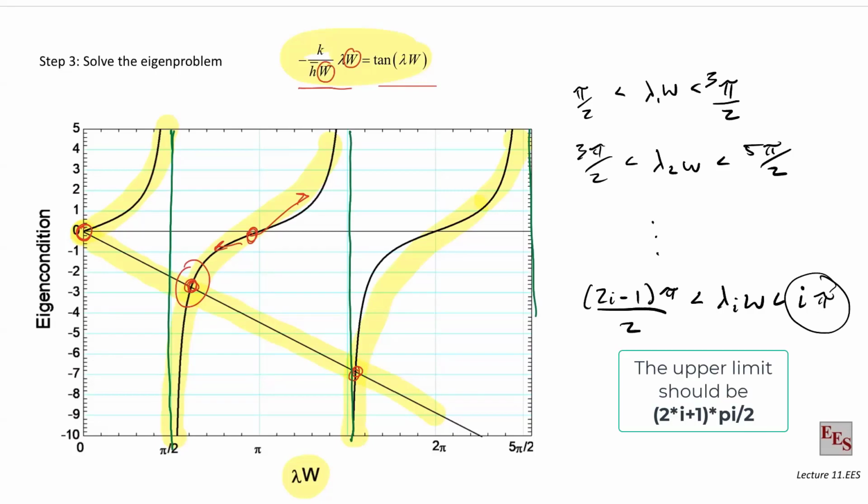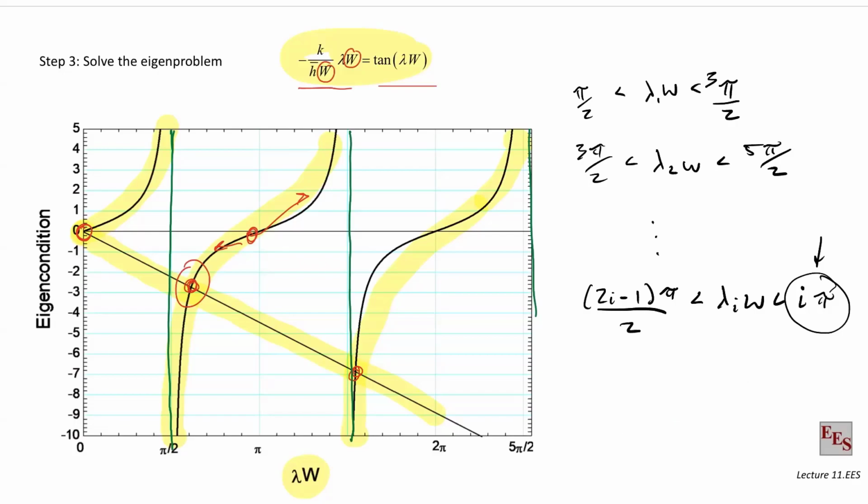It should be 2i plus 1 times pi over 2. I'm not going to fix it now, but I think this limit might be wrong, and we'll come back to that. But anyways, the idea is that you can compute the bounds and then put that into EES and solve it. So let's look at EES now and see how you'd actually do this.